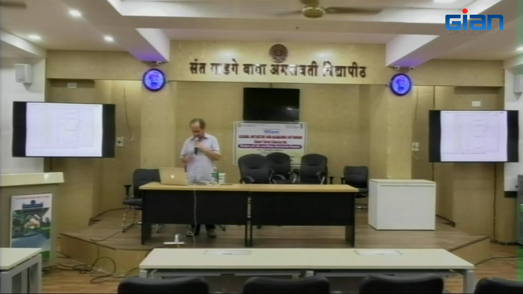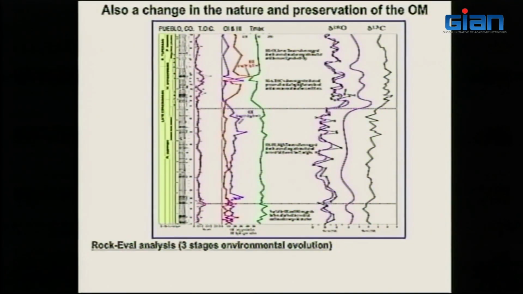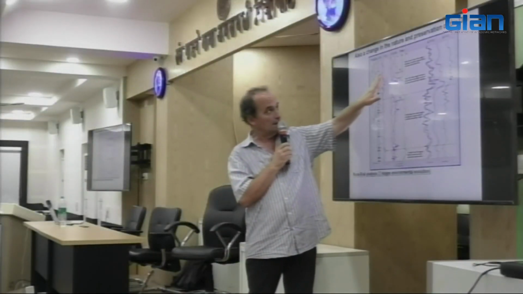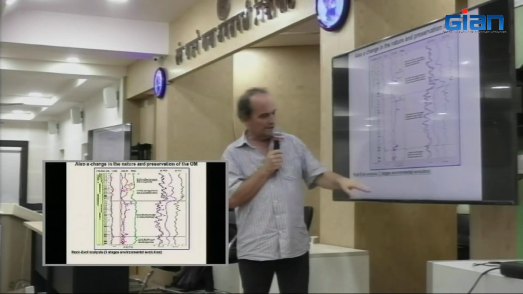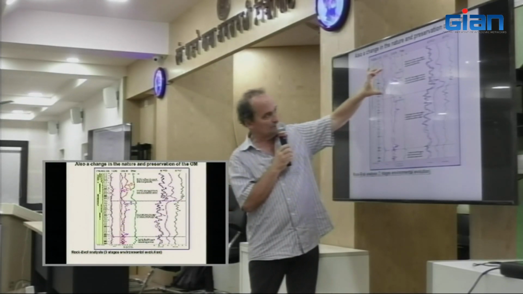Another thing here, I don't want to go into detail, but it's interesting because it also shows that there was a change, in fact, in organic composition. This is a TOC, so these are values for the organic matter going up to 3-4% during the event, which is here.